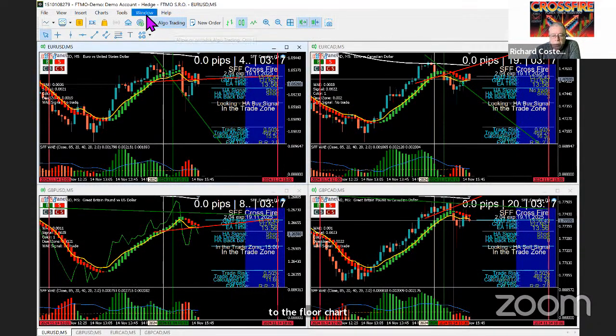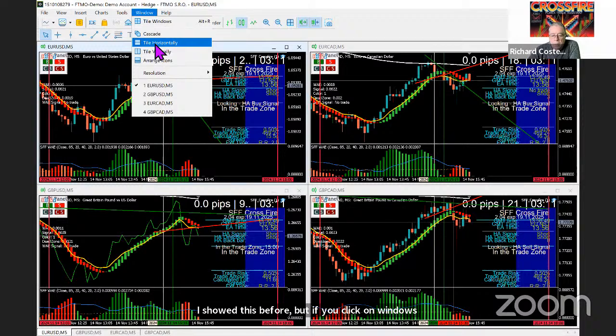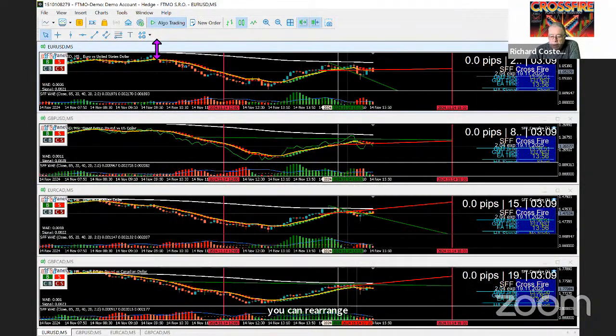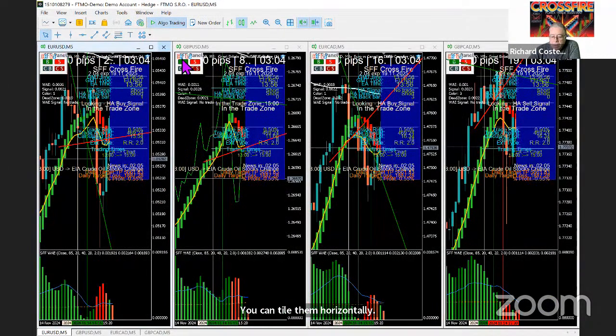I think I showed this before, but if you click on Windows, you can rearrange, you can tile them horizontally, or you can tile them vertically, or you can just tile them the way that I had them.